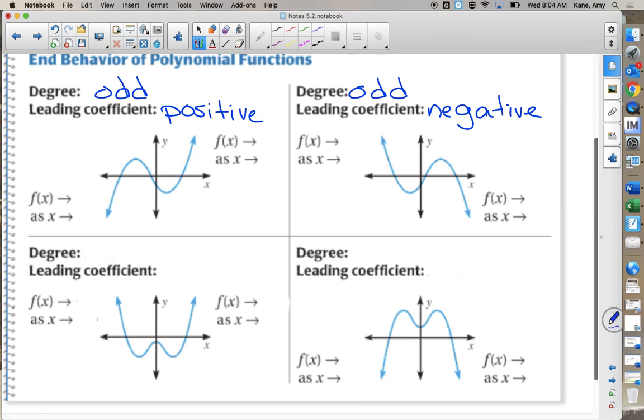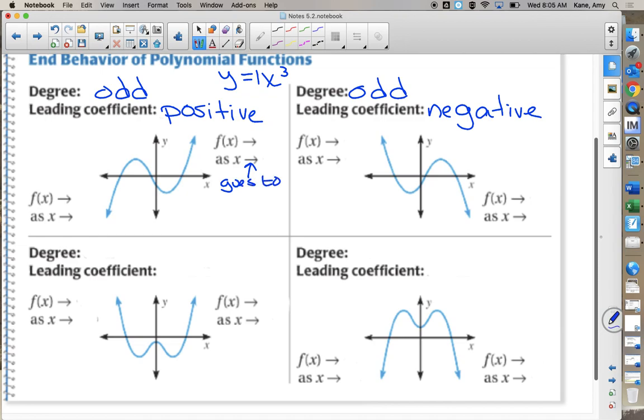So for odd, think of a graph that would be like 1x cubed, or 3x cubed, or 5x cubed. This notation is going to seem a little weird, but I'm going to show you an easier way to think about it. The actual algebraic notation says as x, this little arrow here means goes to, approaches.